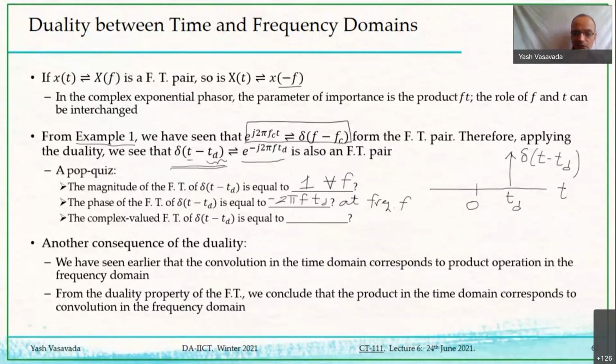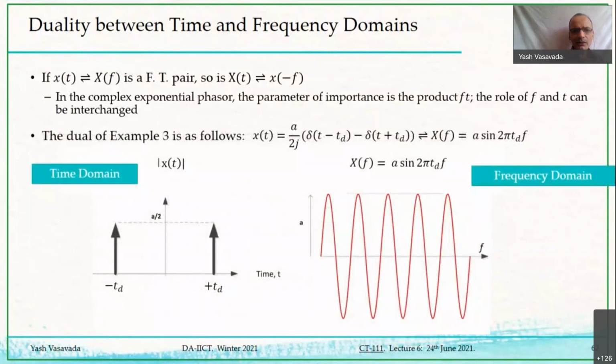So there are a lot of such interconnections that you can make out of this duality property. We'll take one example: if I have this type of signal in time domain, which is basically a summation of two impulses, I can write it like this. And this should remind you of the Fourier transform that we had done earlier, except f has become replaced by t, and so on.